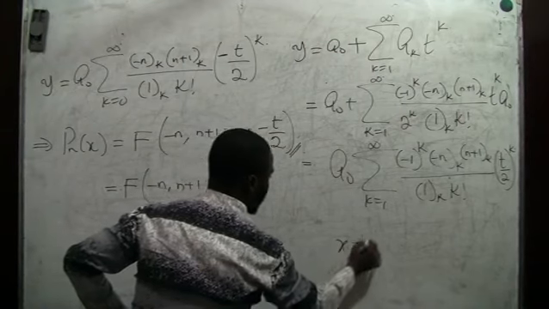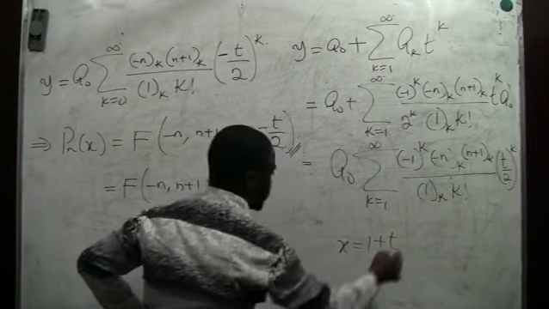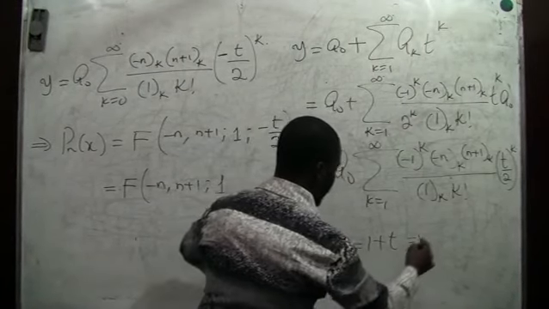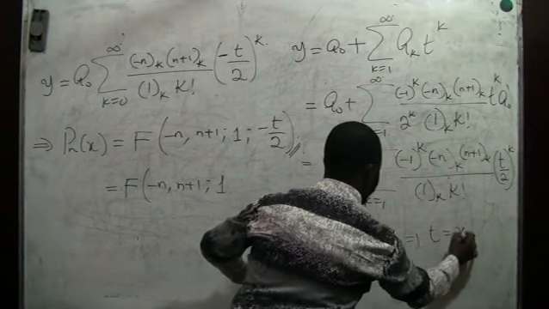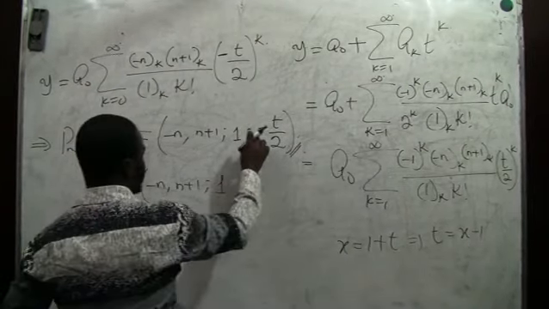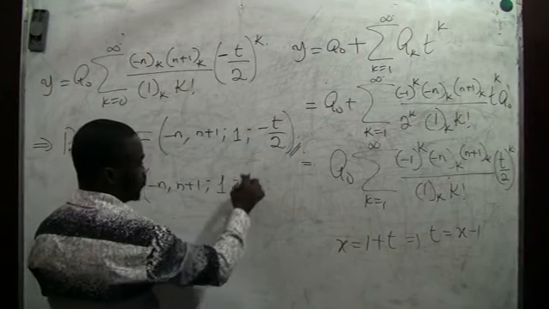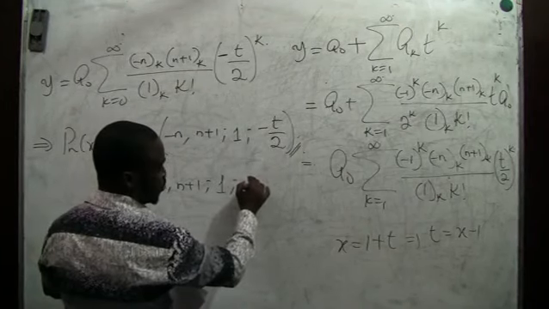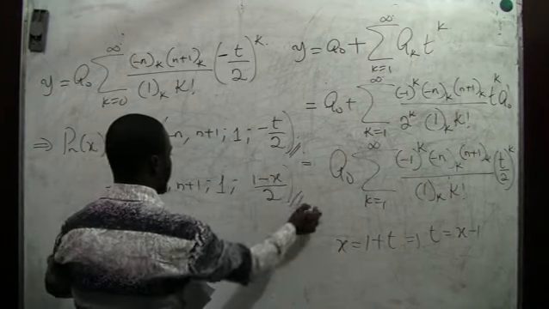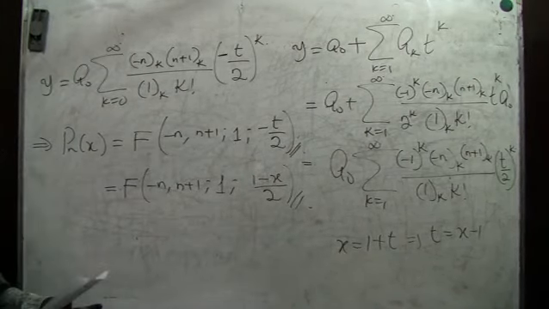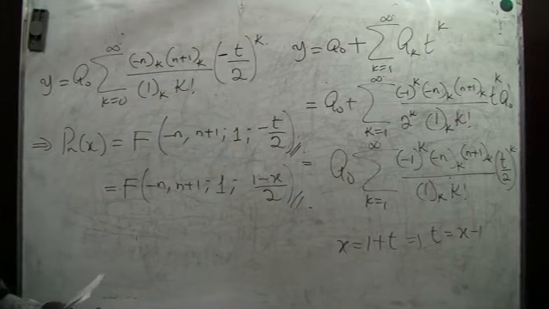So making t the subject of the formula here, we're going to have t equals x minus 1. Substitute that value here, we have the result to become 1 minus x divided by 2. And that is the required result.